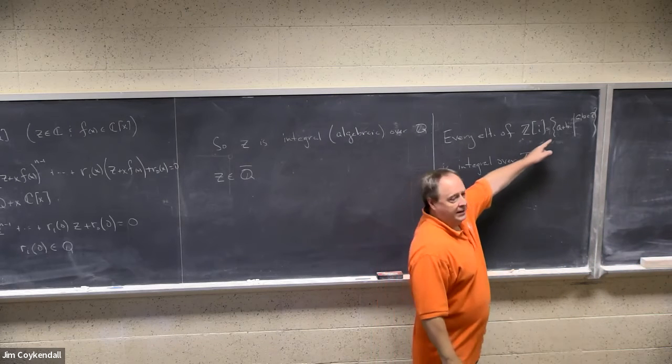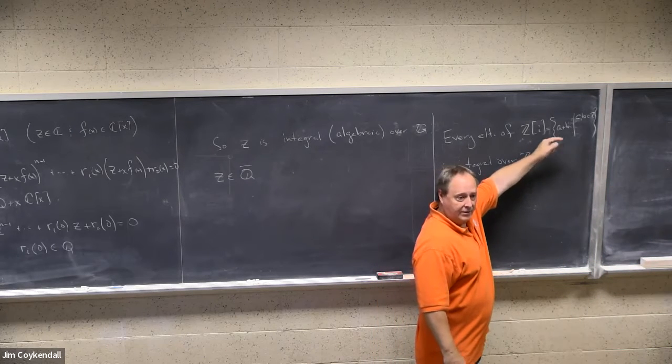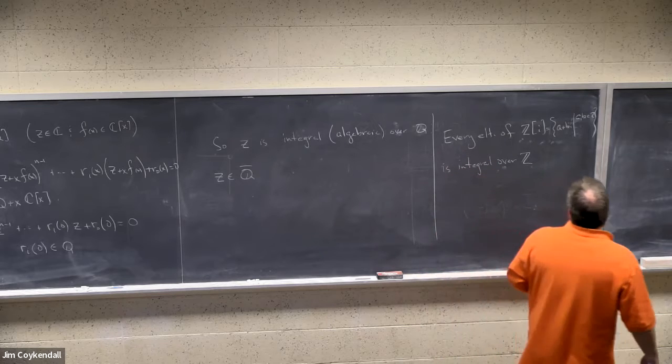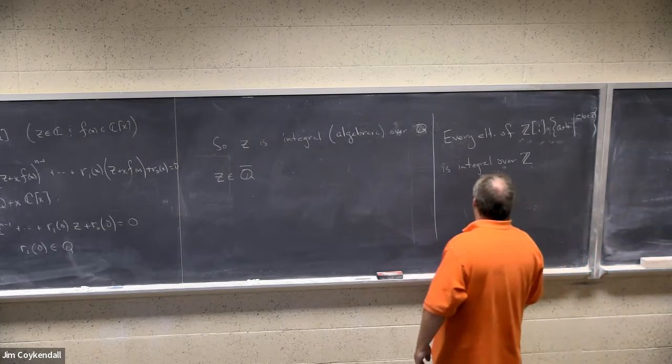A typical element of the Gaussian integers looks like this.